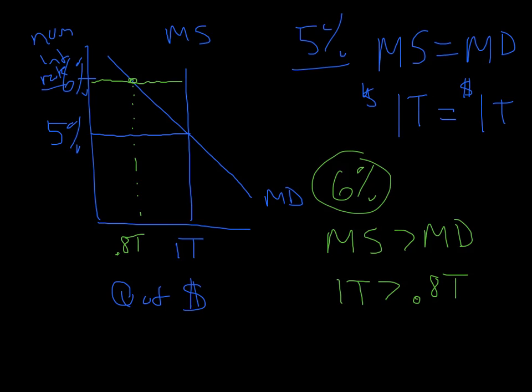Well, anytime supply is greater than demand, that's a surplus. So here there's a surplus of money that's held. Again, people only want to hold 800 billion, but they're actually holding 1 trillion. So they are holding too much money.